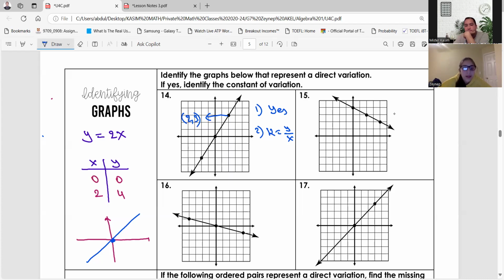Zeynep. How do we know that it's 2, 3? This is 2, right? Point 2. And go up 1, 2, 3. Oh, yeah. So k is equal to y over x, that is 3 over 2, because direct variation.